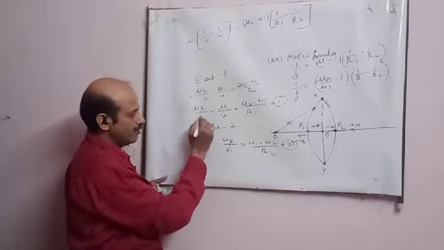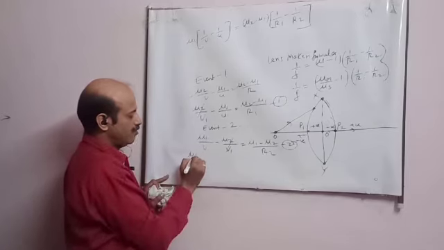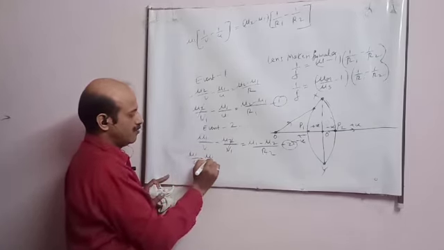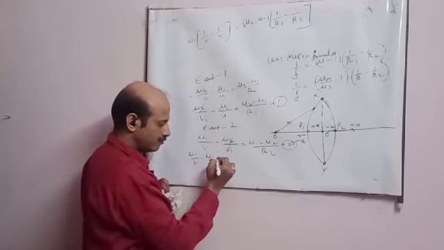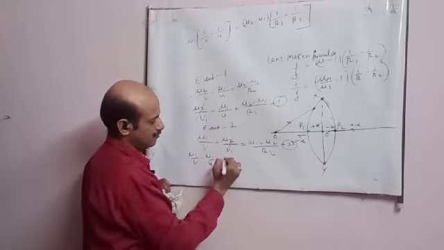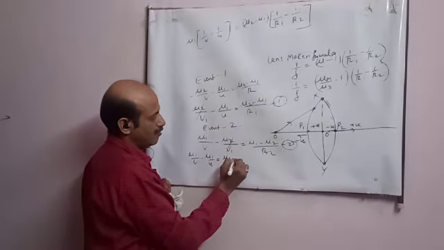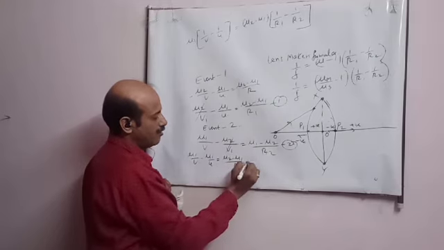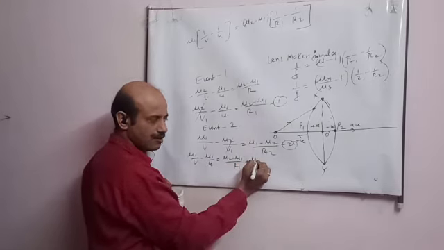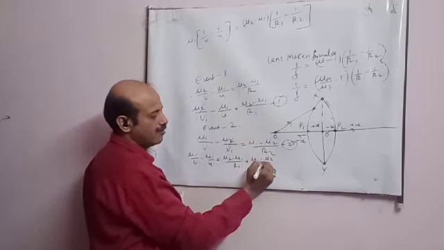When I am adding these two equations, students, see what I am getting. Mu1 upon v minus mu1 upon u is equal to mu2 minus mu1 upon r1 plus mu1 minus mu2 upon r2.